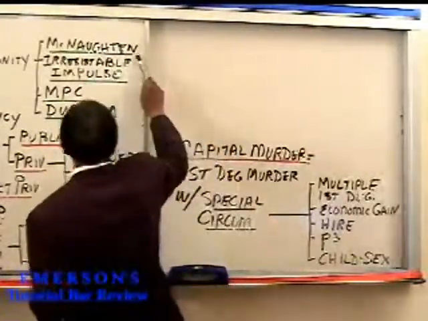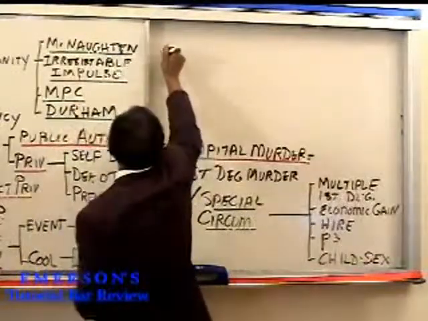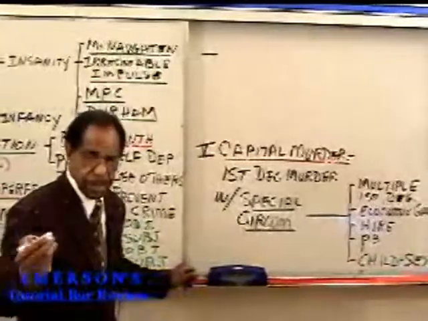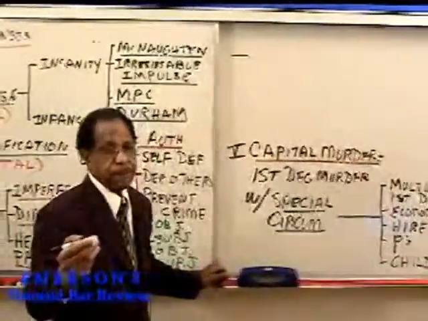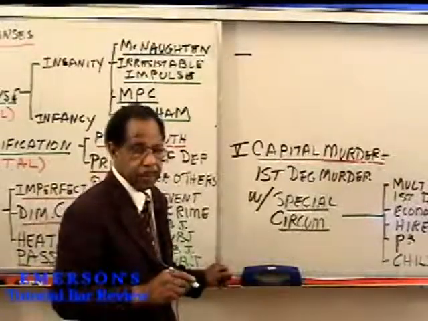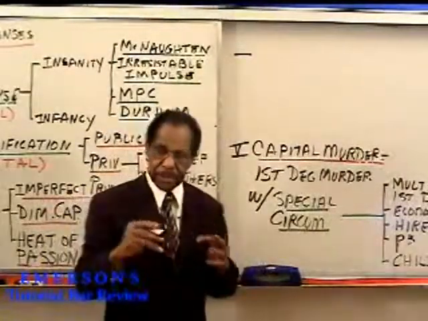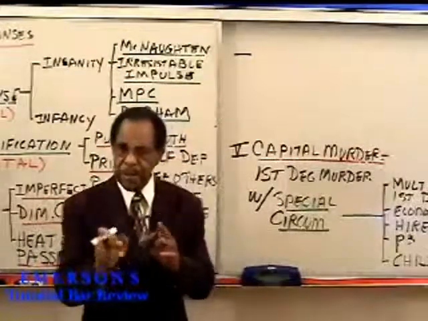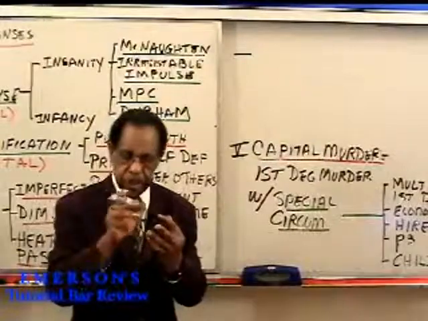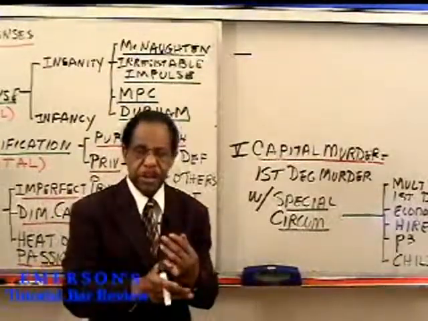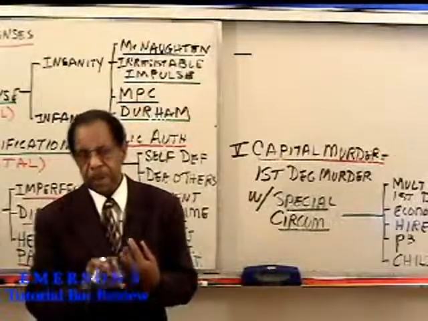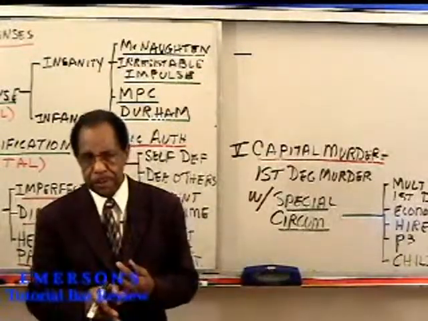McNaughton rule. The McNaughton rule for insanity says that a person is insane if, because of a mental disease or defect, there are 2 things. Number 1, the person either does not know what they're doing, or they did not know it was wrong.